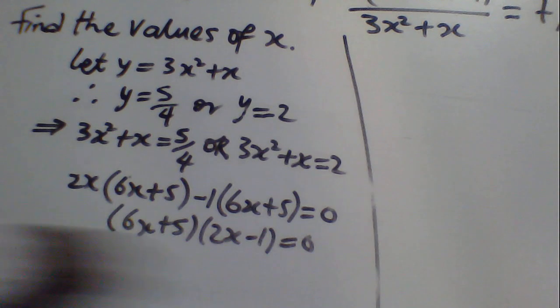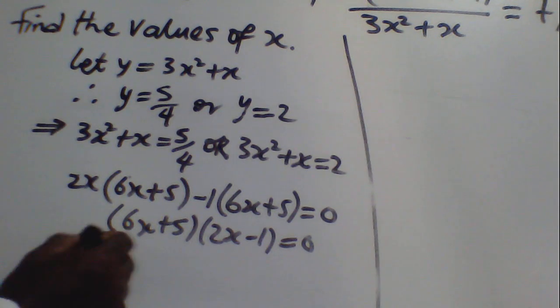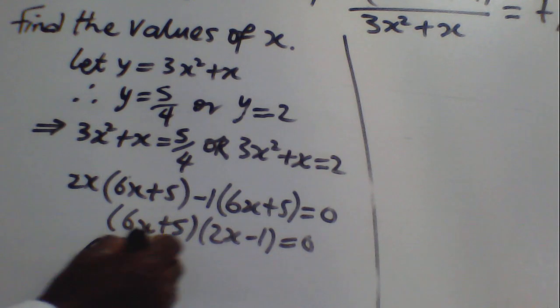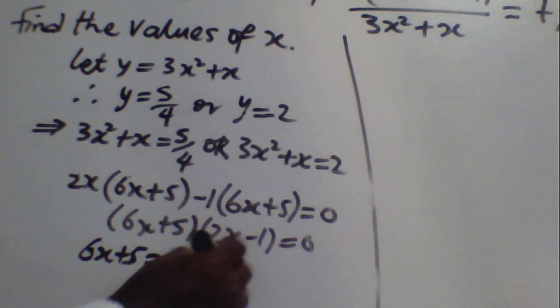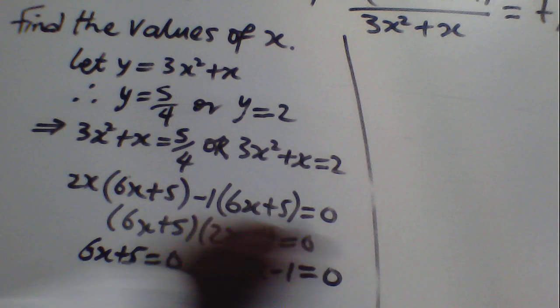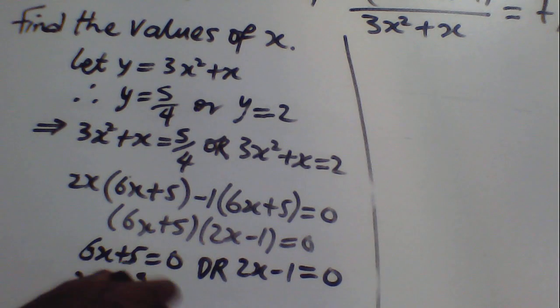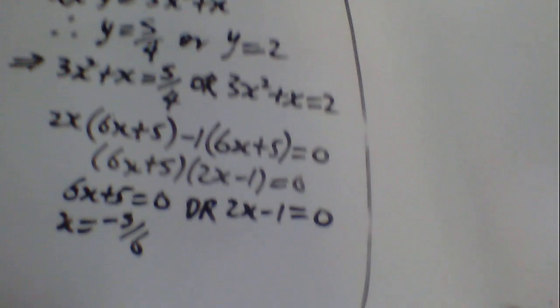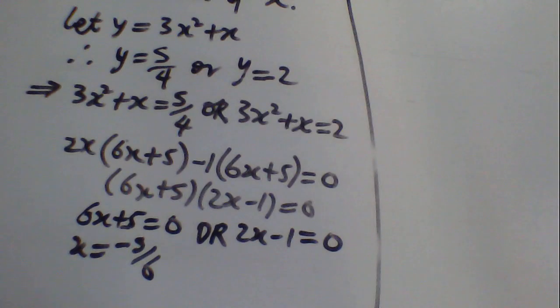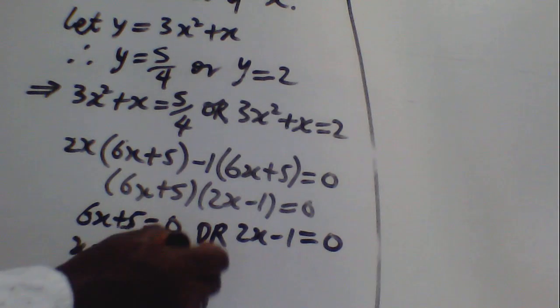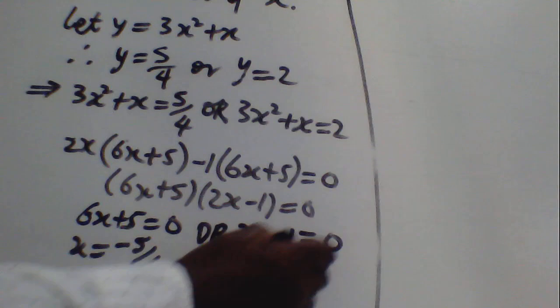So from here, we can now find the value of x. All you need to do is to equate each of the factors to 0 so that we can solve for x. So from here, have 6x plus 5 is equal to 0, or 2x minus 1 is equal to 0. So from here you have x is equal to minus 5 over 6, or x is equal to half.